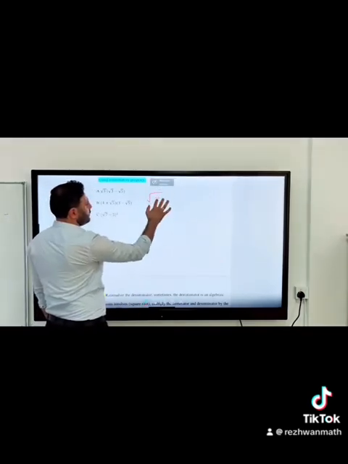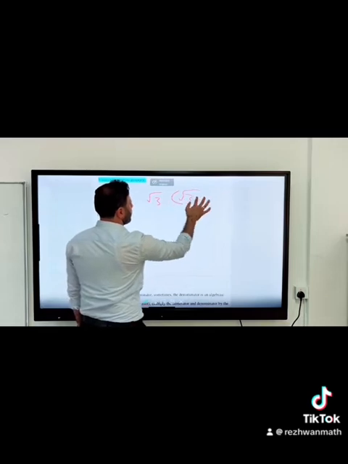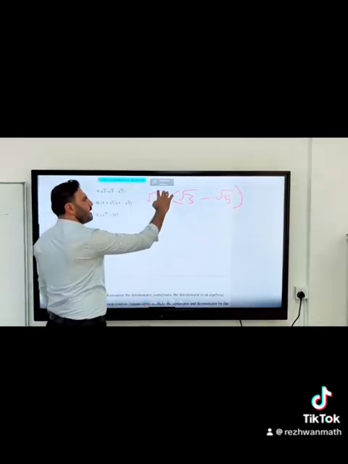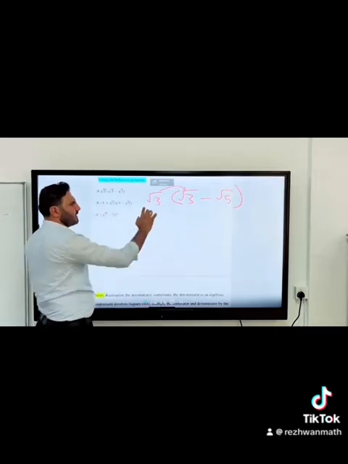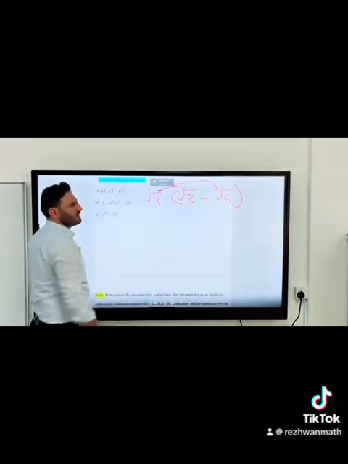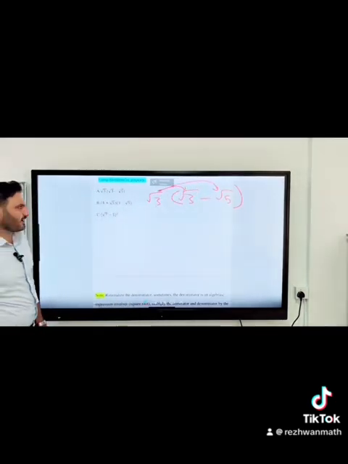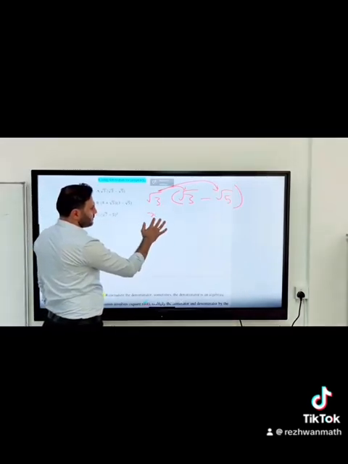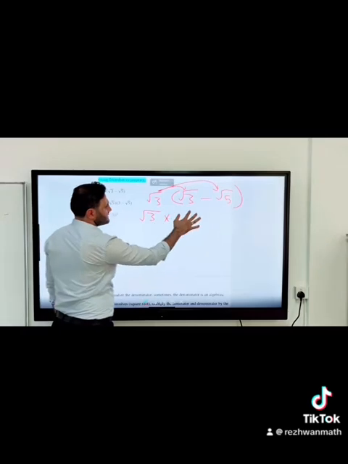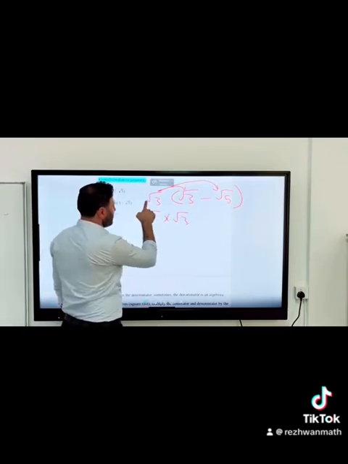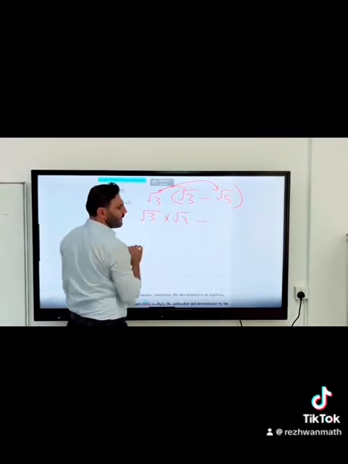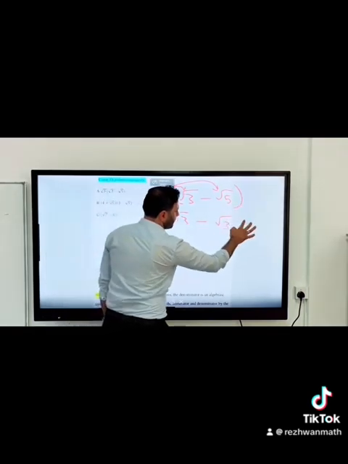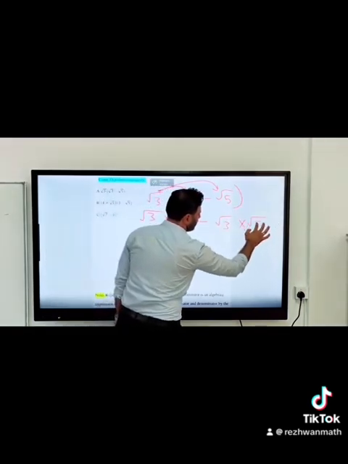Now, square root 3 times square root 3, and square root 3 times square root 5. Look, square root 3 times square root 3. Positive times negative, we get negative. And square root 3 times square root 5.